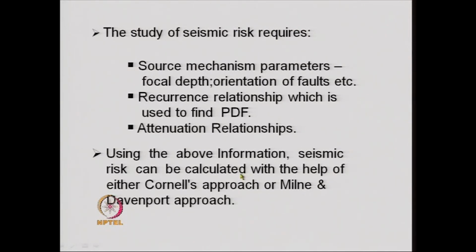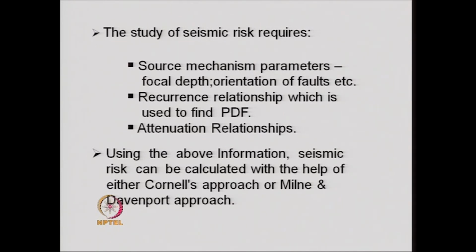The study of seismic risk requires source mechanism parameters, that is the focal depth, orientation of fault, etc. Recurrence relationship, which is used to find out the probability density function of the magnitude of earthquake, that's what we have seen before, and the attenuation relationships.